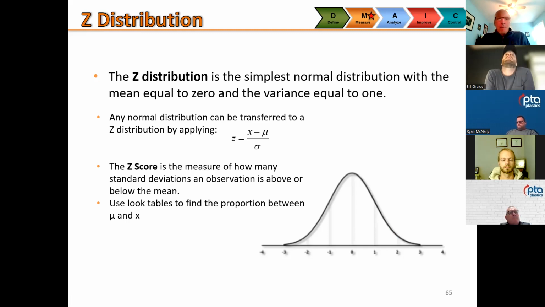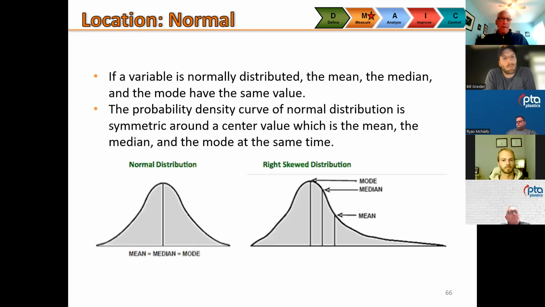And there's the formula to transform a normal distribution to a Z distribution. That's the formula that we did, the box that we used, the last piece of data we calculated. And again, in the normal distribution, the mean, the median, and the mode are pretty close to the same line, which we saw with my 750 weight values.